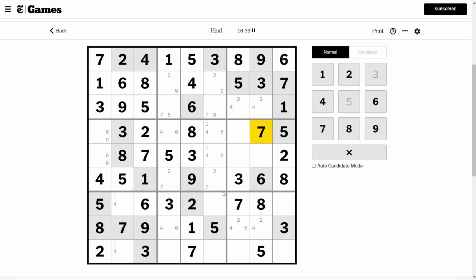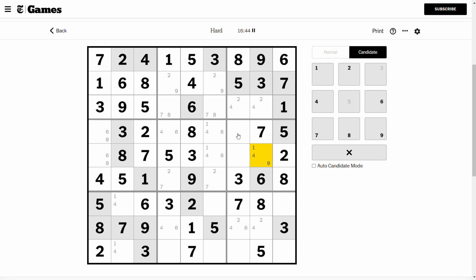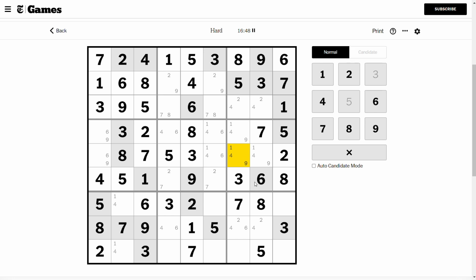The missing digits of block 6 are 1, 4, and 9. Let's fill those out. Okay. These two cells contain the digits 4 and 9 to make up column 9.